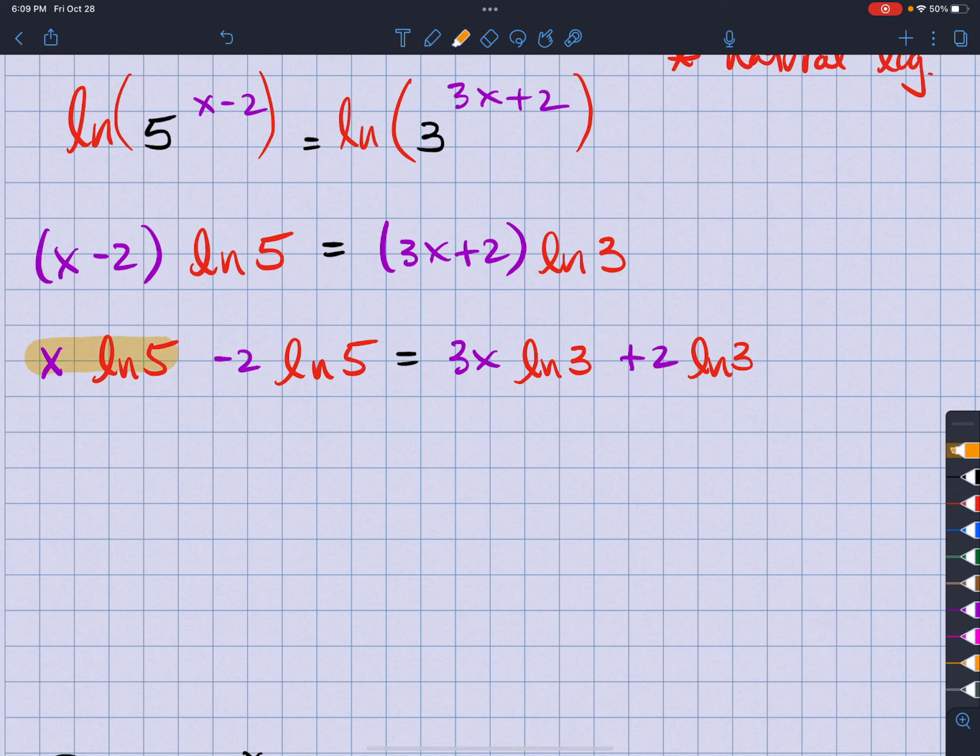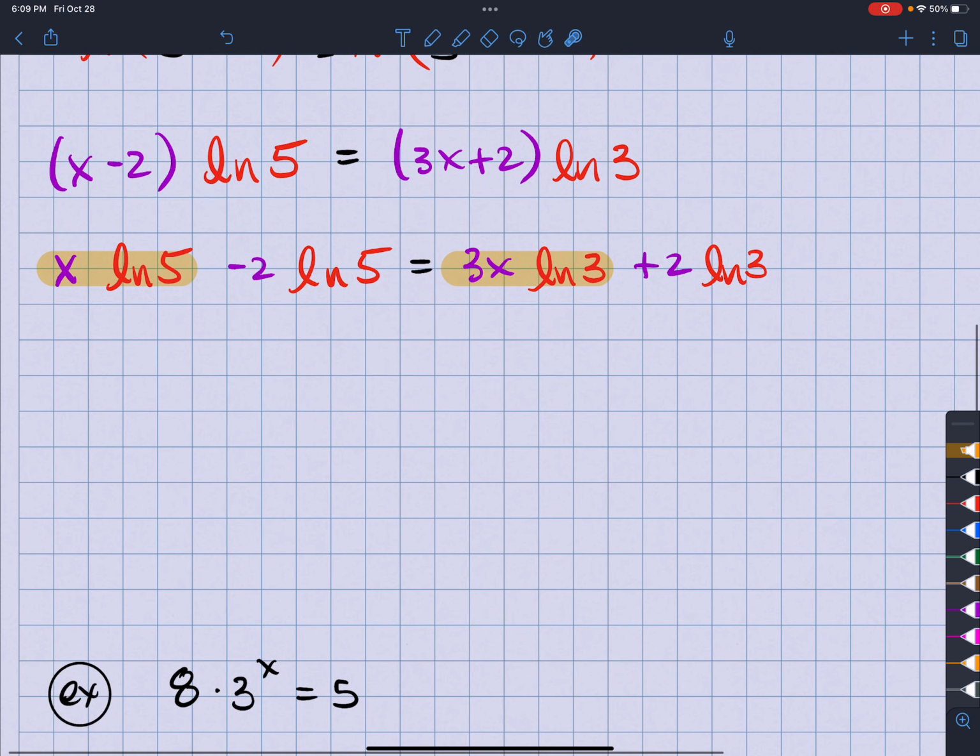I notice that I have an x term here and an x term right here, right? So I want to get all the x's on one side. So I'm going to bring that 3x ln 3 over to the left. And now I'm going to bring this number right here, which is just a number, over to the other side.